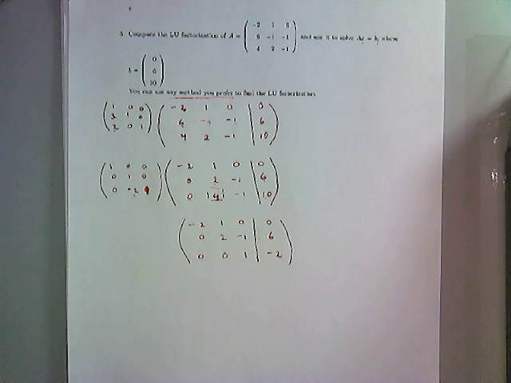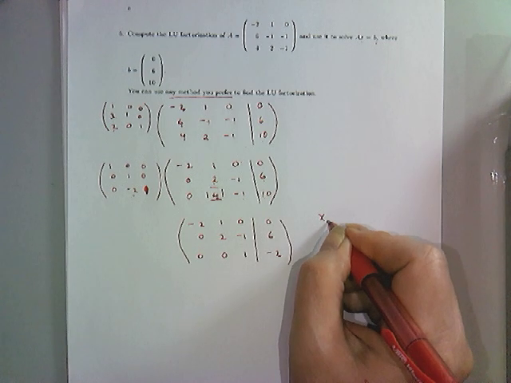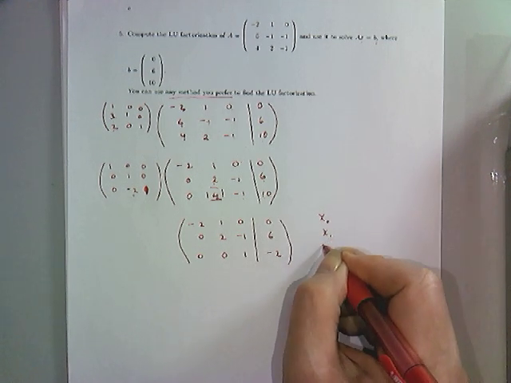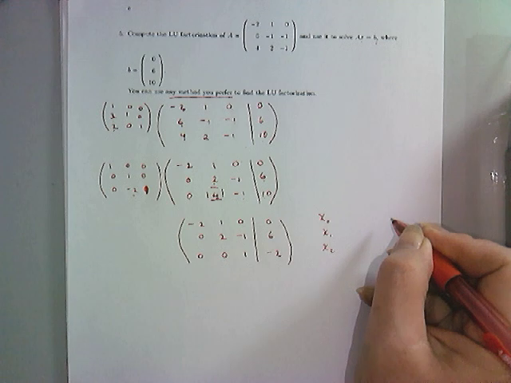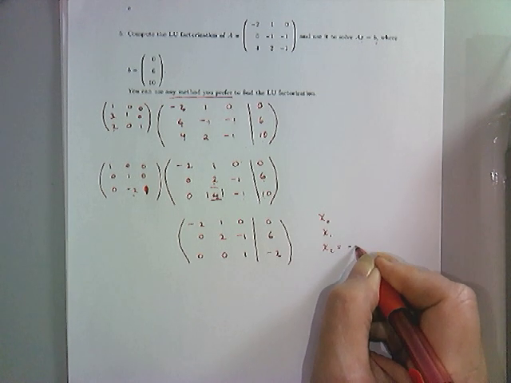Okay, now I have my upper triangular system, which means that I'm trying to solve for chi0, chi1, chi2. I know that chi2 is equal to -2.